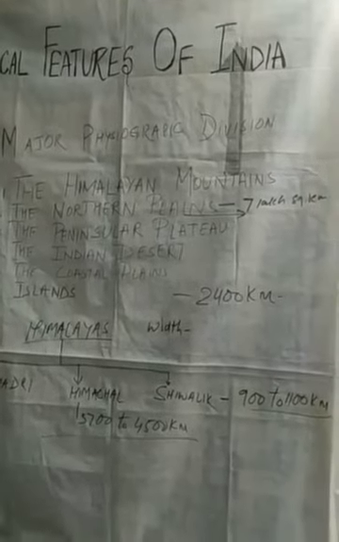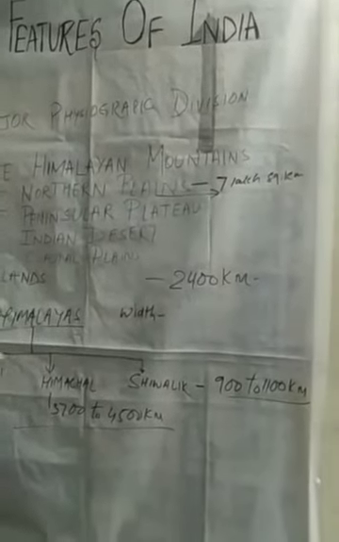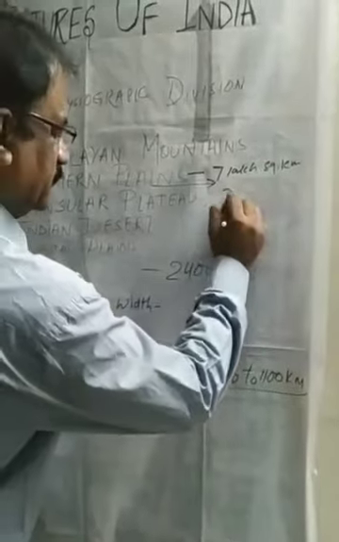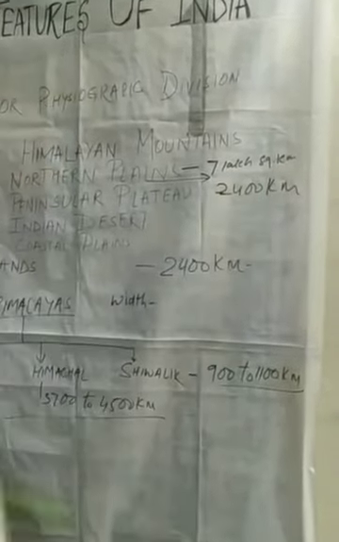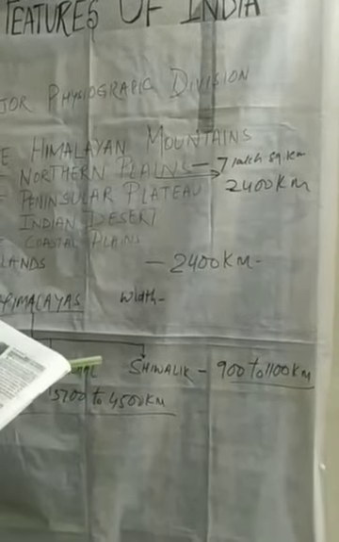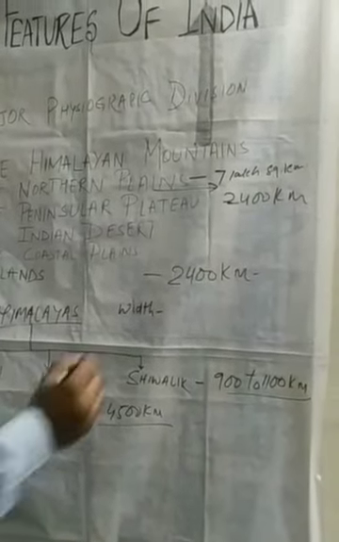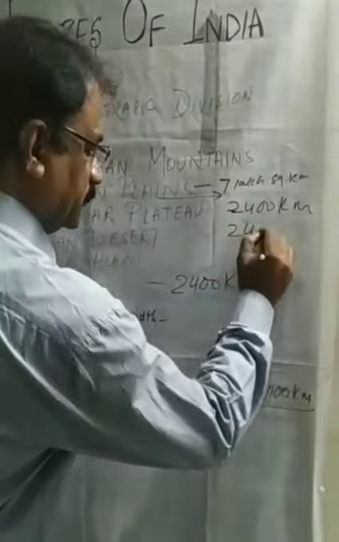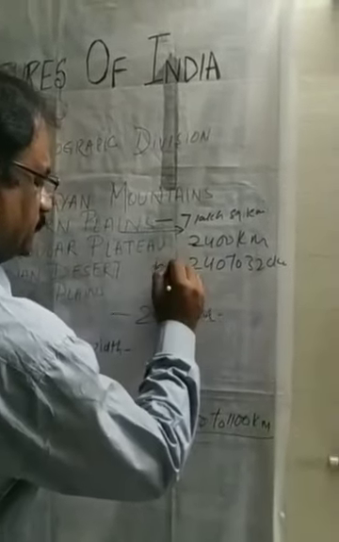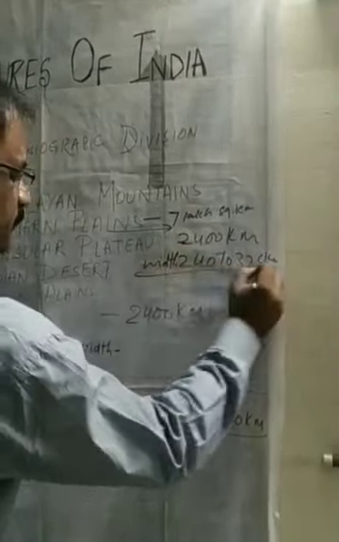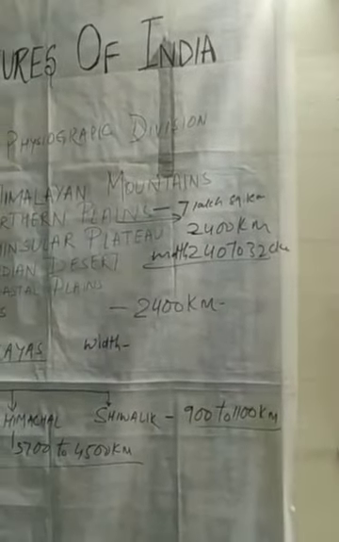They are 2400 kilometers long, and their width varies from 240 to 320 kilometers. This is the width of the northern plains.